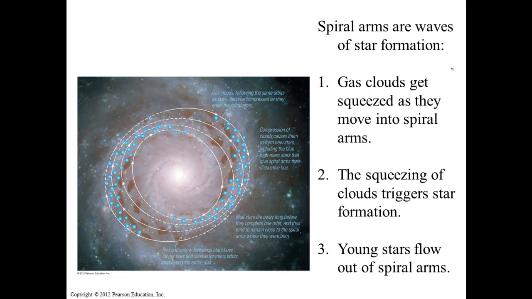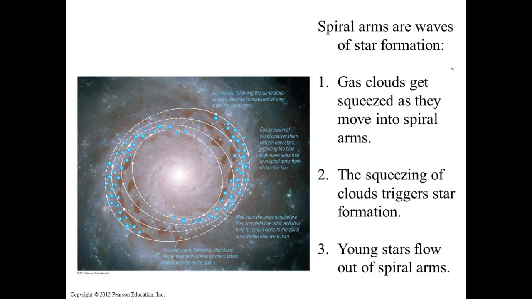OB, fine guy, girl, kiss me. The OBs are hot and they live their lives quickly. Those are the ones that are in spiral arms. If you look into it, it'll talk about something called density waves, and these density waves keep the movement of these fast-paced stars in these spiral arms.